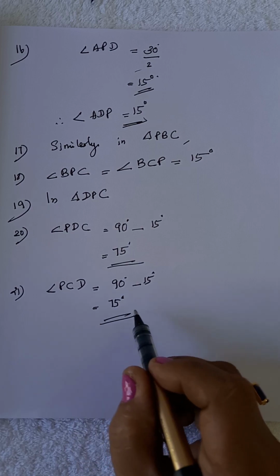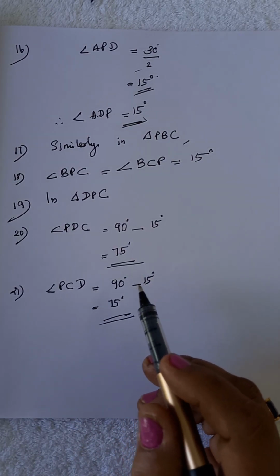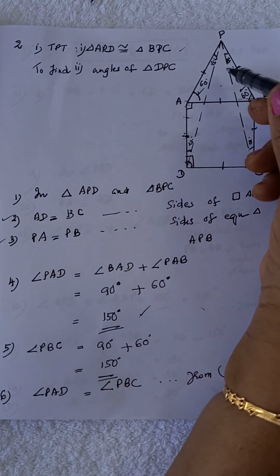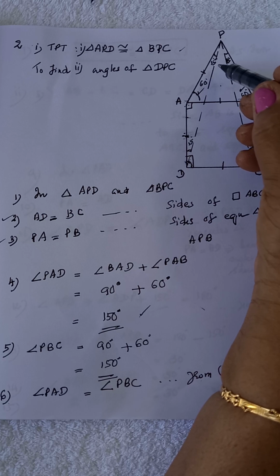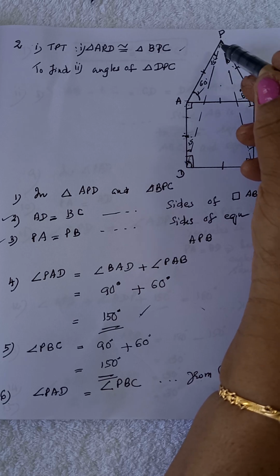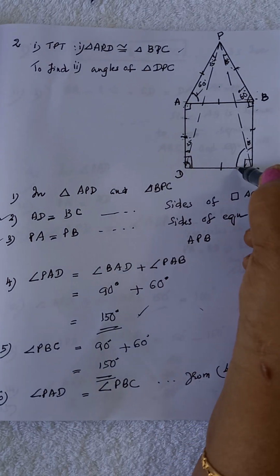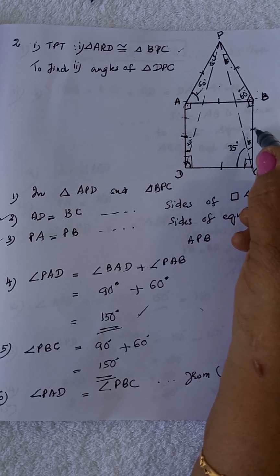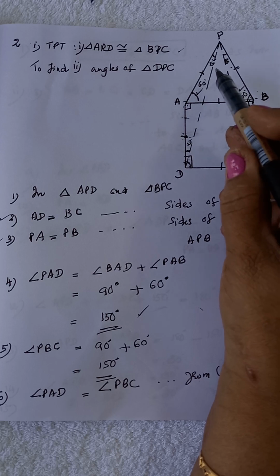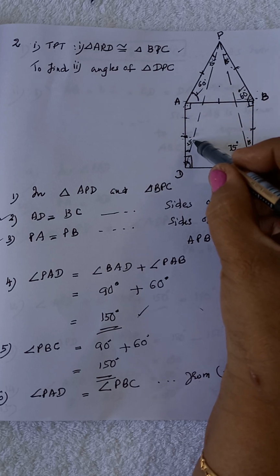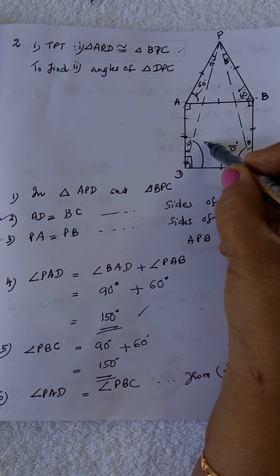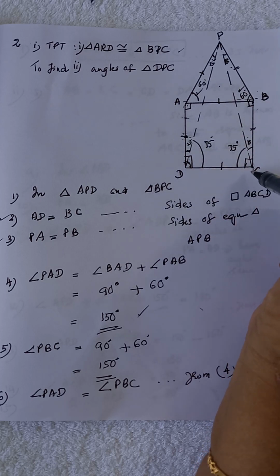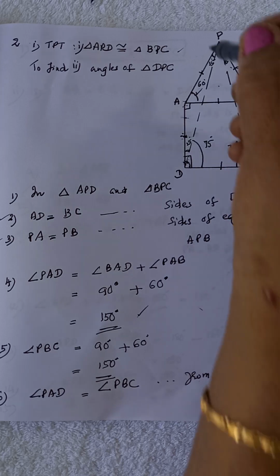So we got two angles in the required triangle DPC. So we can mark that in this triangle, angle PCD, this angle got as 75 degree. Again we got PDC as 75 degree.